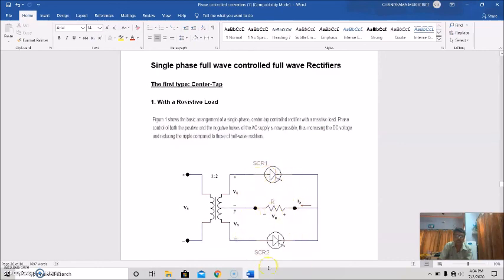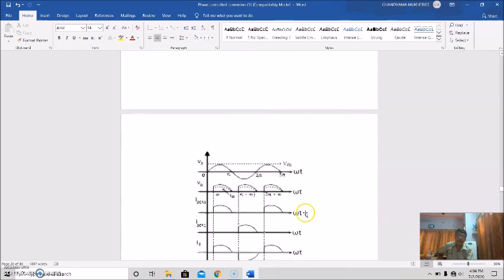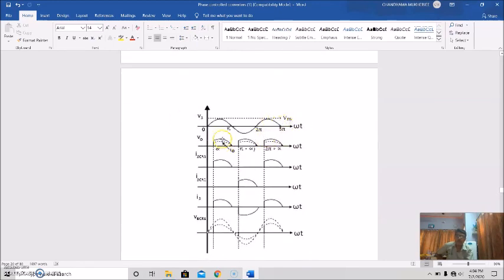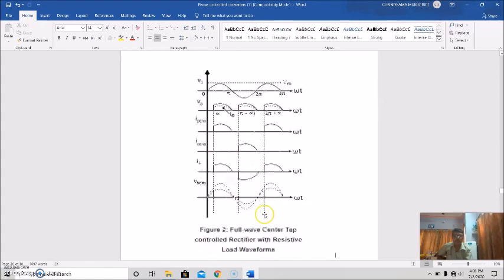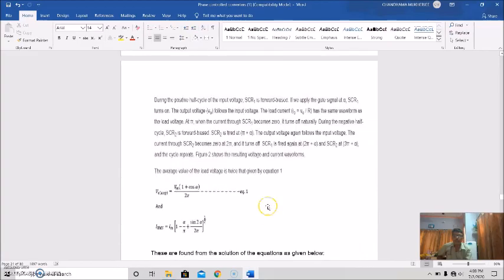This is for the positive half, this is for the negative half, and this is the resistive load. This is the source voltage waveform, this is the output voltage waveform, and this is the source current waveform. That's all about the discussion.